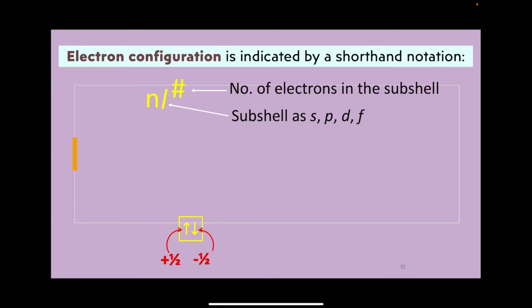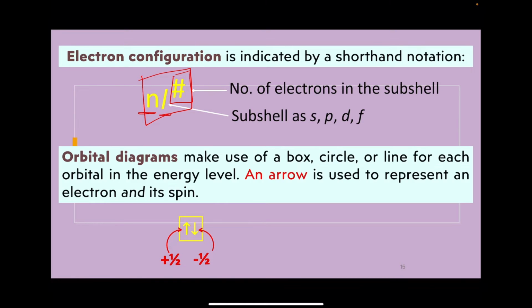Di mana dekat sini kamu boleh buat secara cara macam inilah. Kena ada indicates the energy level, the subshell, and then the number of electrons dalam subshell tersebut. Okay, itu untuk electron configuration.